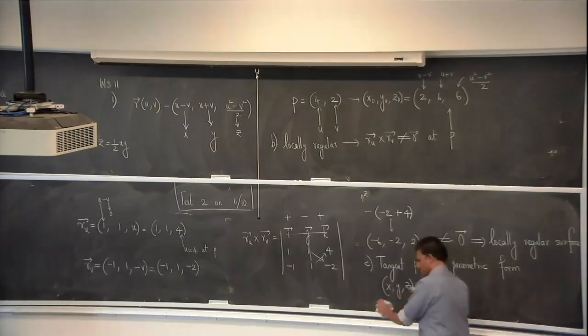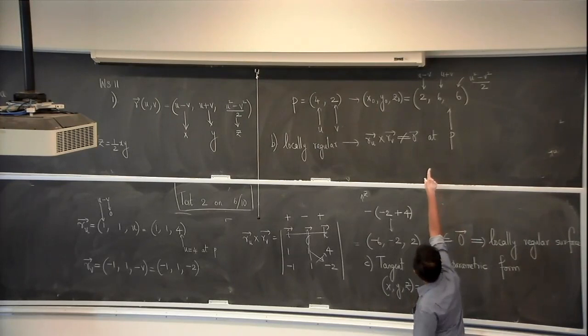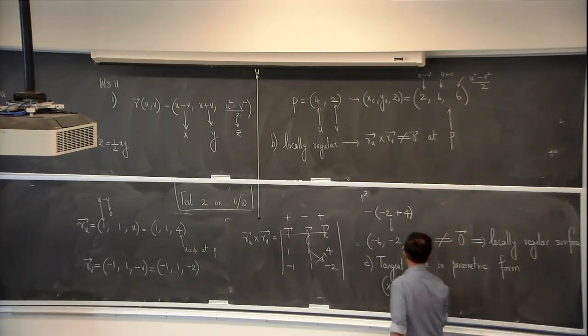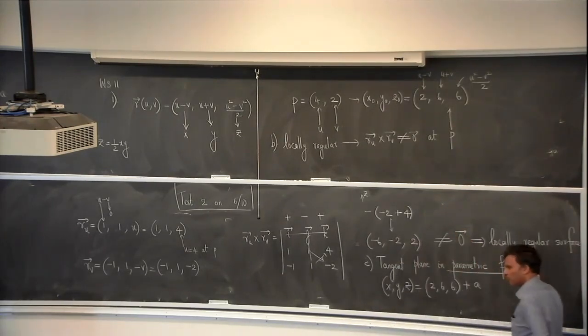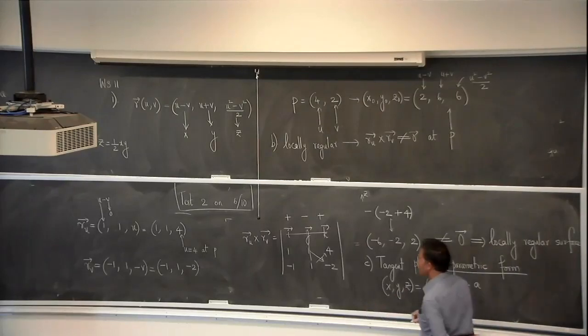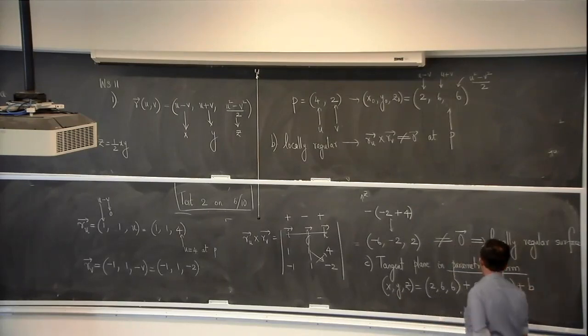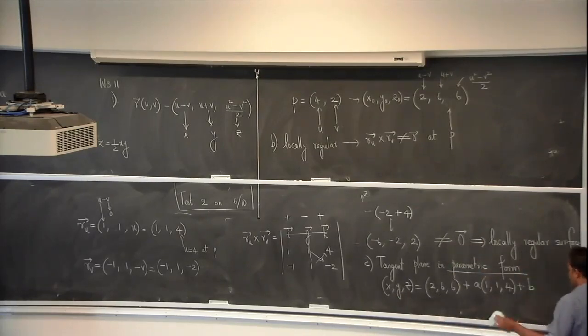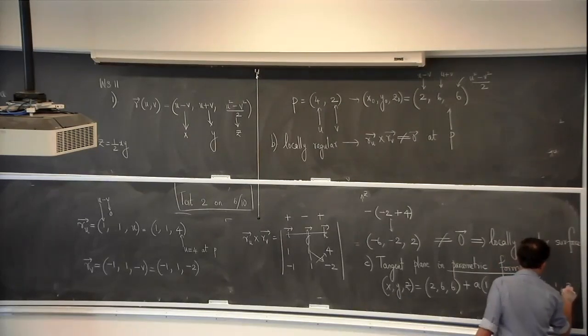That defines each point on the tangent plane: x, y, z equal to x naught, y naught, z naught, which is the point 2, 6, 6, plus some parameter. That's why it's called the parametric form. Some parameter a times the first partial derivative 1, 1, 4. So all it says is that taking any combination of these vectors will create a tangent plane. Plus b times negative 1, 1, negative 2.